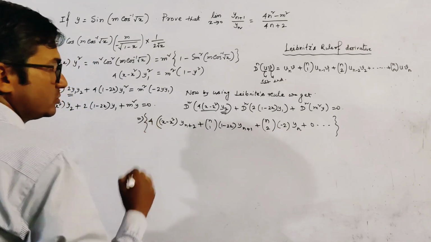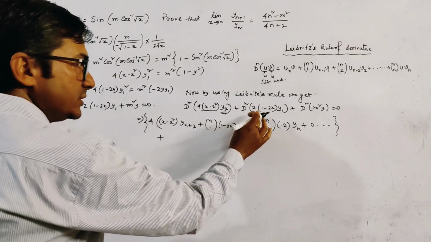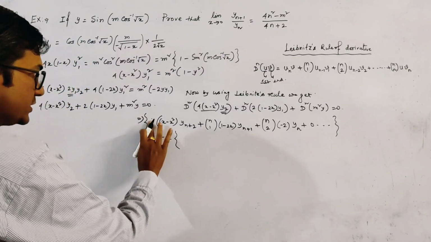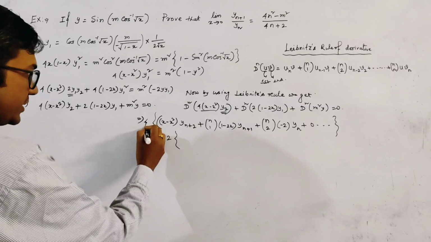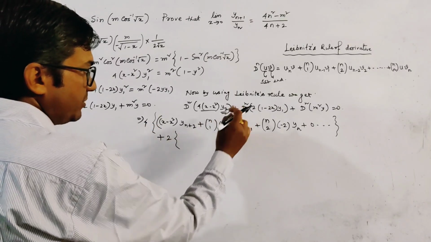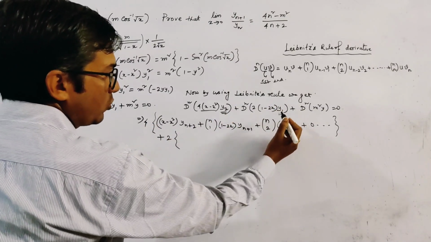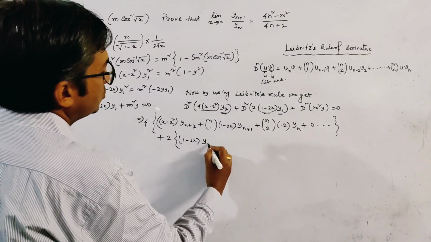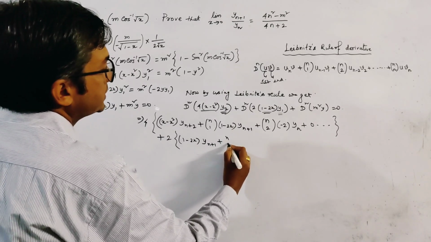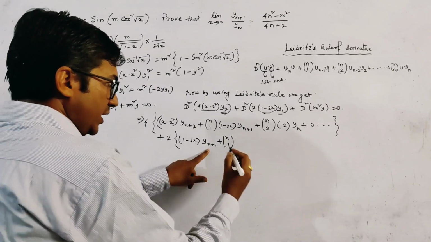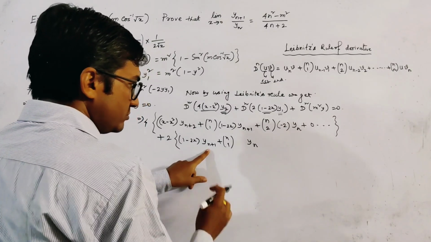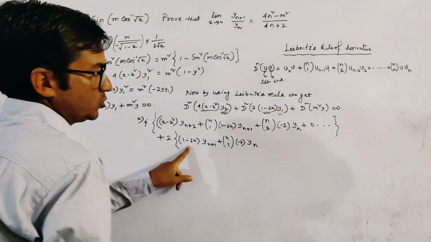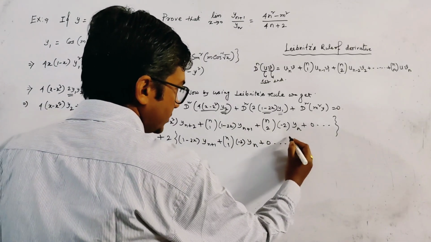For the second term, we take 2 common, and the first function is y1 and the second is (1 − 2x), so we get (1 − 2x) y_{n+1} + nC1 y_n (−2), and all the other terms are 0.